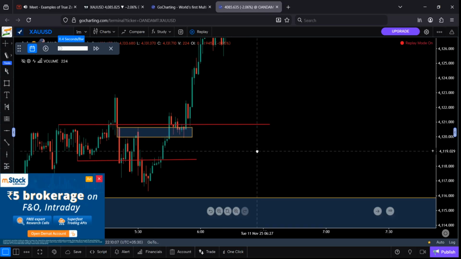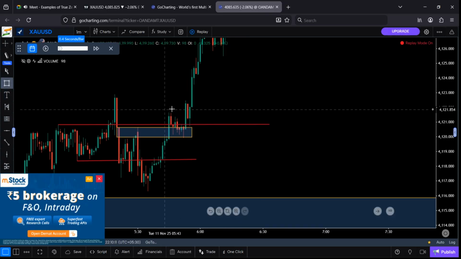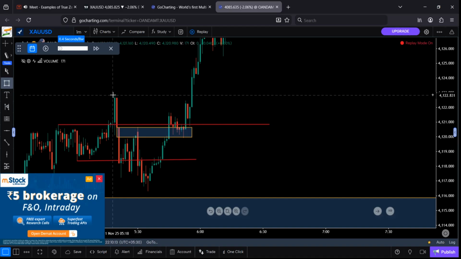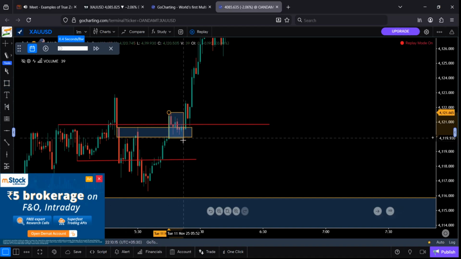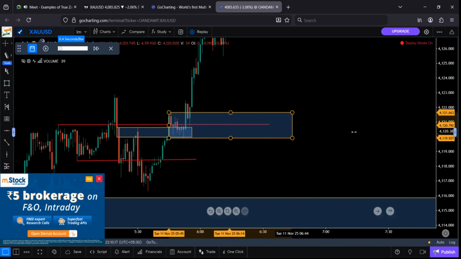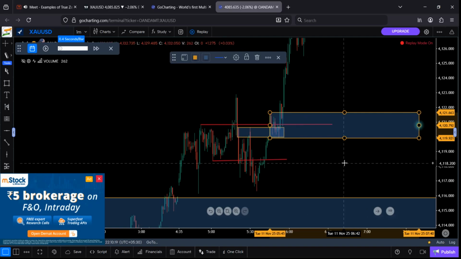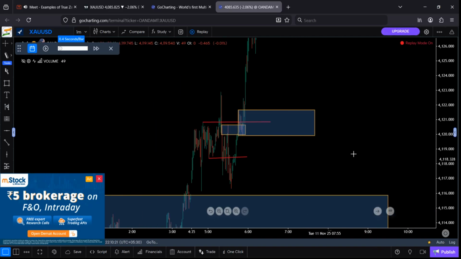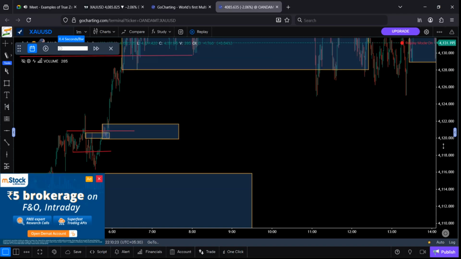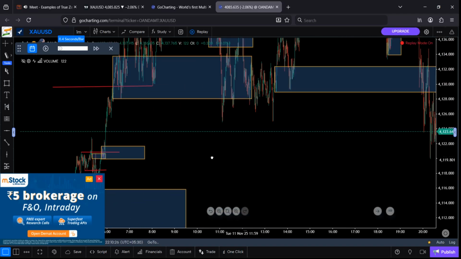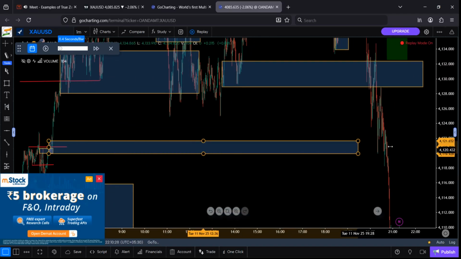So what we have here, we have free order flow. When price crosses this high, we have free order flow. We will extend it here, like this.